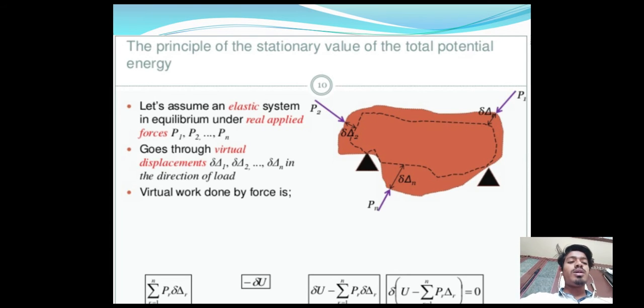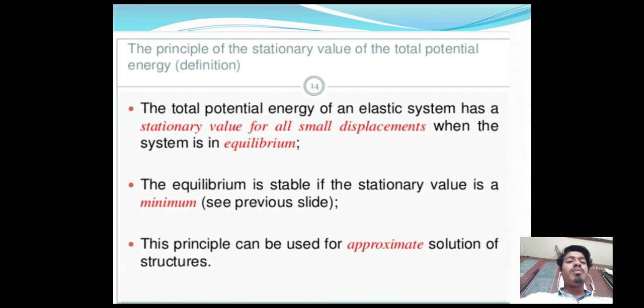So here we can get the formula: the variation of total potential energy of the system is 0. The principle of stationary value of the total potential energy. The definition is: the total potential energy of an elastic system has a stationary value for all small displacements when the system is in equilibrium.